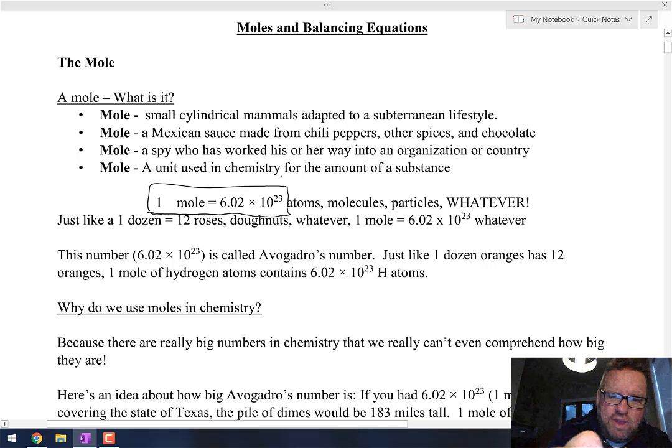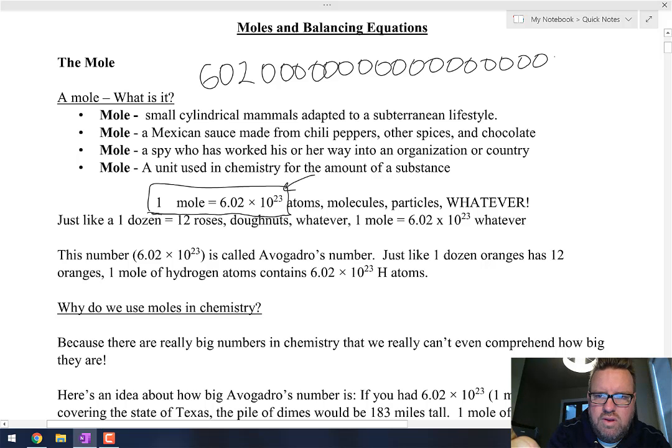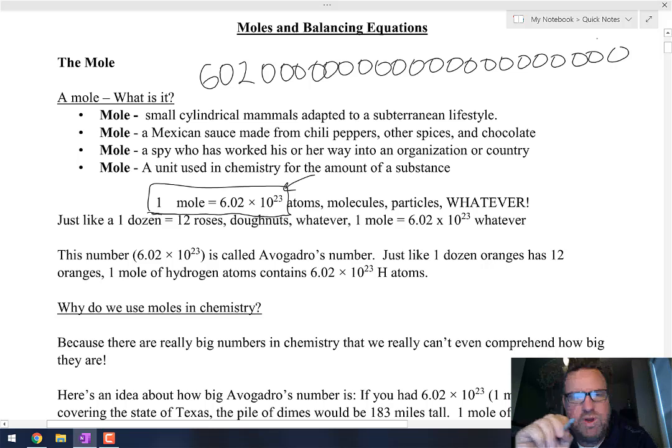Right away, hopefully you realize that's one of the reasons why I need a scientific calculator, because 6.02 times 10 to the 23rd is really that number right there. And of course we don't want to write all those zeros every single time, which is why we put a number into scientific notation. So anytime we say a mole, we're really saying 6.02 times 10 to the 23rd.